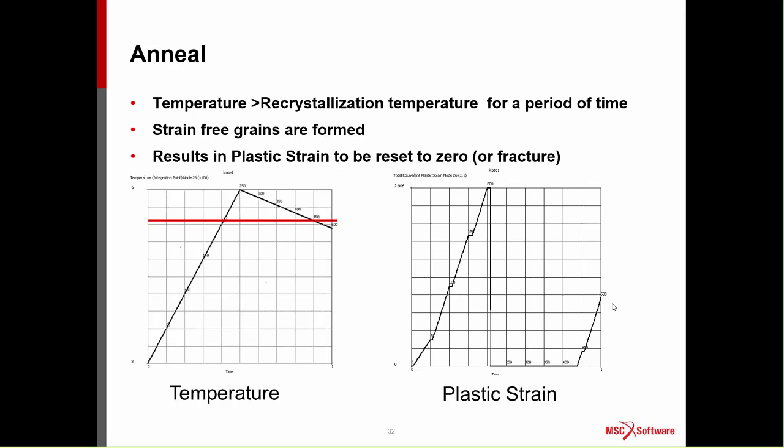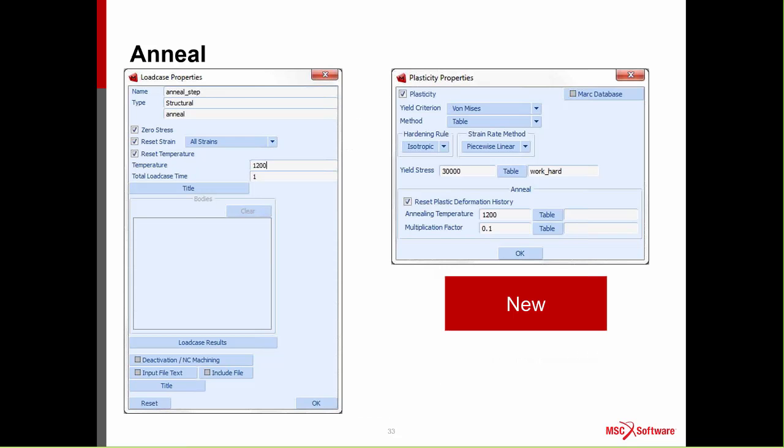So it's an easy thing to apply. We just need to say what is the fraction of the current plastic strain that we want to recover, and what is the particular temperature at which we want this recovery process to occur. And those would have been done directly on the plasticity menu, where we gave our yield stress and our work hardening curve.